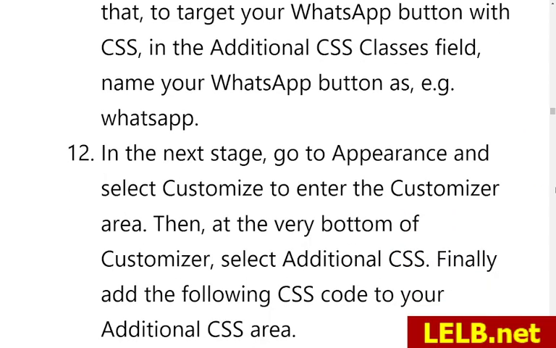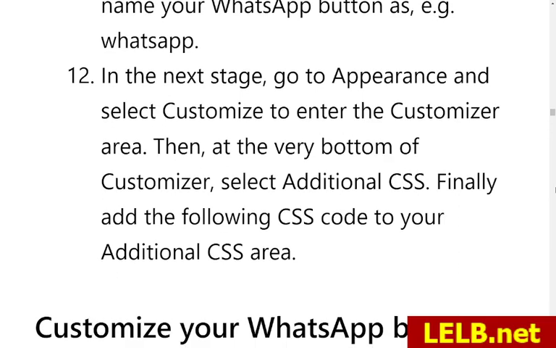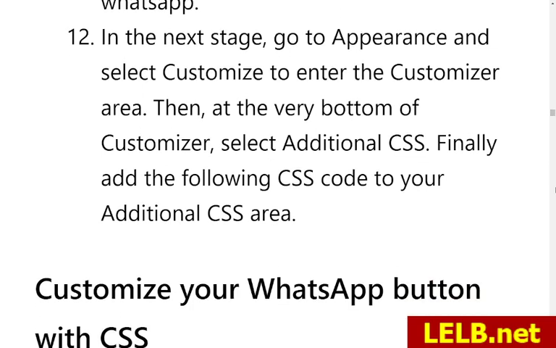So in the next stage, go to appearance and select customize to enter the customizer area, where you can add some CSS codes. Then at the very bottom of customizer, select additional CSS. Finally, add the following CSS code to your additional CSS area.